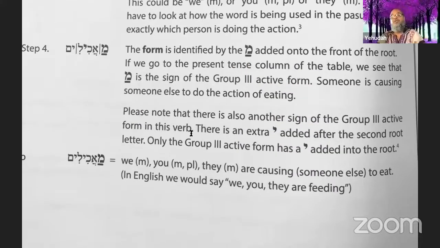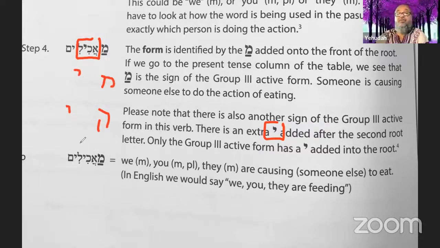So group number 3 does have that additional sign, which I had alluded to earlier when I said that this yod, if it is involved in any kind of root, should tell you that something is being caused. So it won't just be the hey on the front of the word. It'll be the yod as well. It's not just going to be the mem. It could be that yod too.